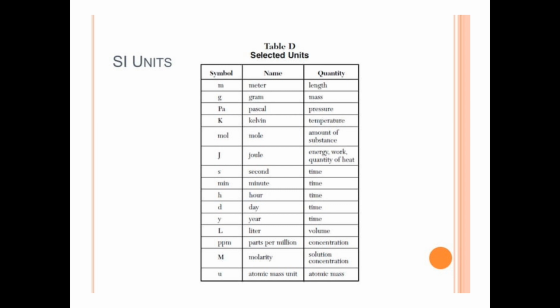Then you have Kelvin for temperature, mole for amount of substance, joule for energy, work, and quantity of heat, seconds, minute, hour, day, year for time, liter for volume. You can also have centimeter cube or decimeter cube, that's cm cube and dm cube, for volume, parts per million for concentration, molarity for solution concentration, and AMU, that's atomic mass unit, for atomic mass.